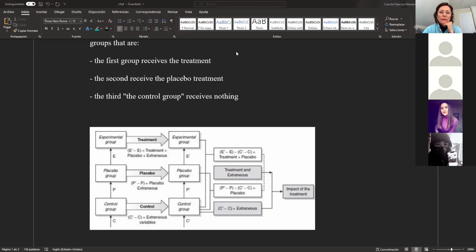This is very much done because, remember, in medicine there can be a heavy influence on disease that comes from psychological effects and not only from physical symptoms. So that's why this is very much done in medicine.